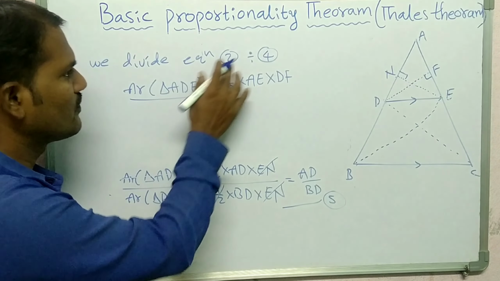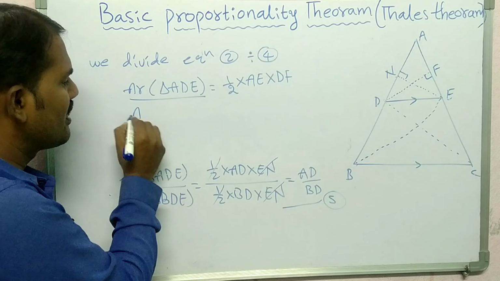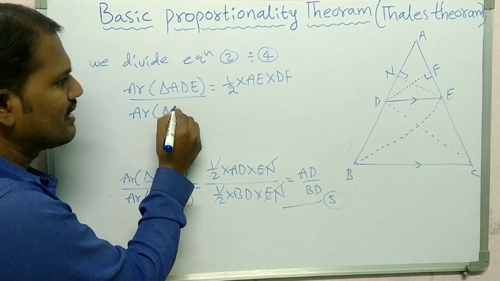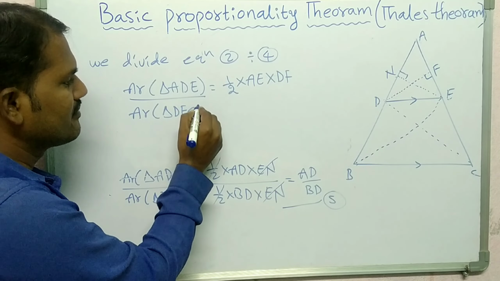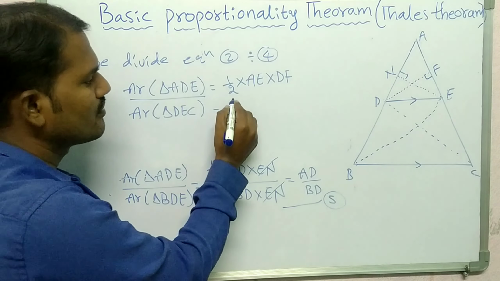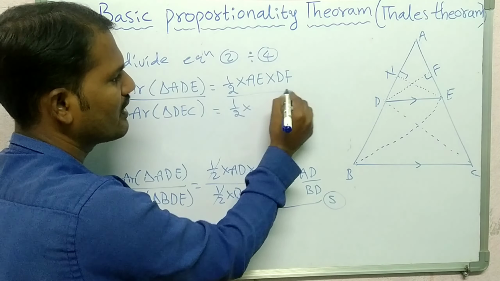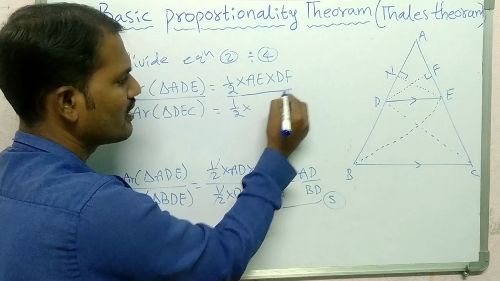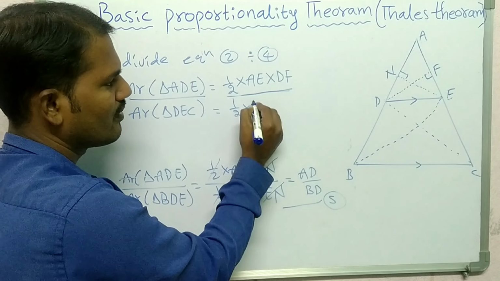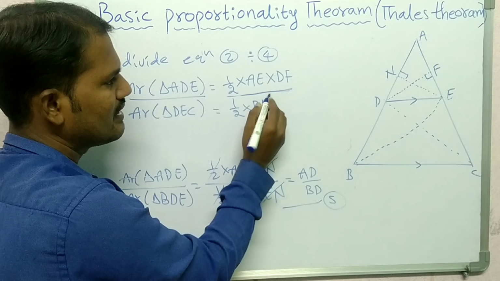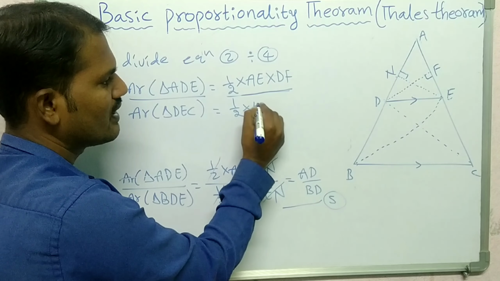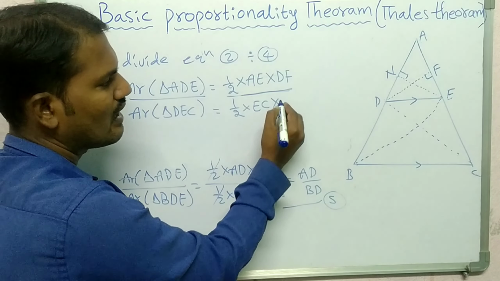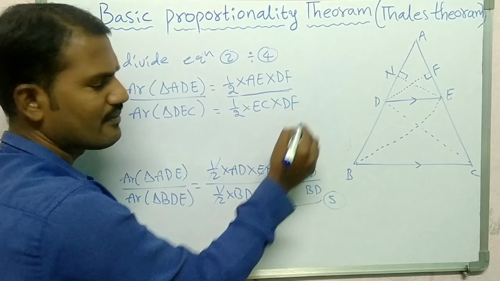By the 4th equation, area of triangle DEC equals half of base EC into height DF.